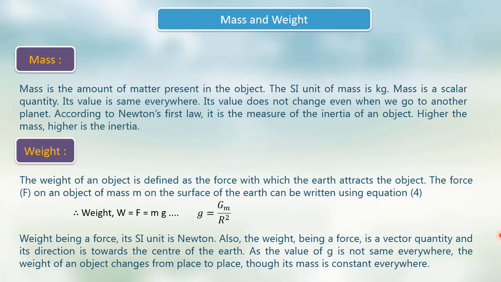Also, weight being a force, it is a vector quantity and its direction is towards the center of the earth. As the value of g is not the same everywhere, the weight of an object changes from place to place, though its mass is constant everywhere. Means mass will be constant but the weight will change if the place changes, because the g value changes, so the weight also changes.